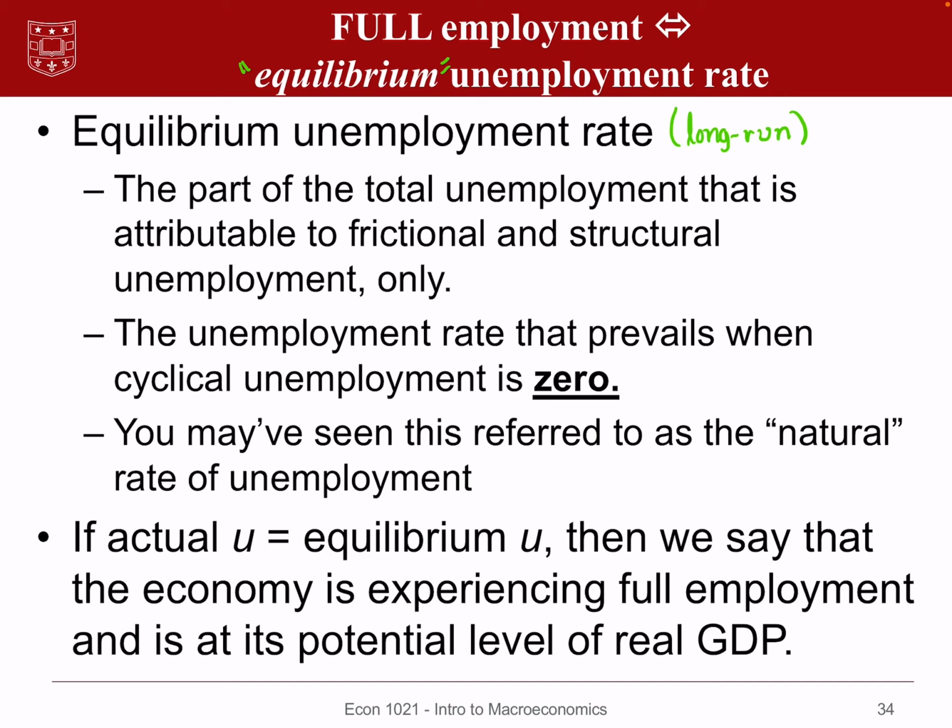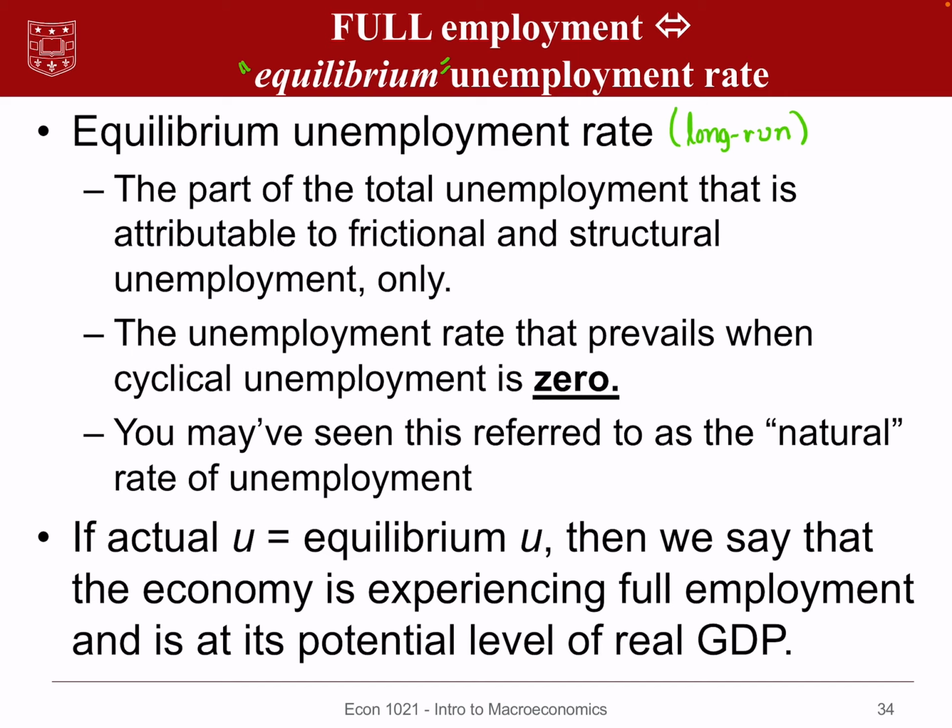If you've taken macroeconomics before, you may have seen this referred to as the natural rate of unemployment. The authors in this textbook do not choose to adopt that language, but it's certainly something that you may see in other instances. And indeed, you're going to see this in a picture on the next slide.